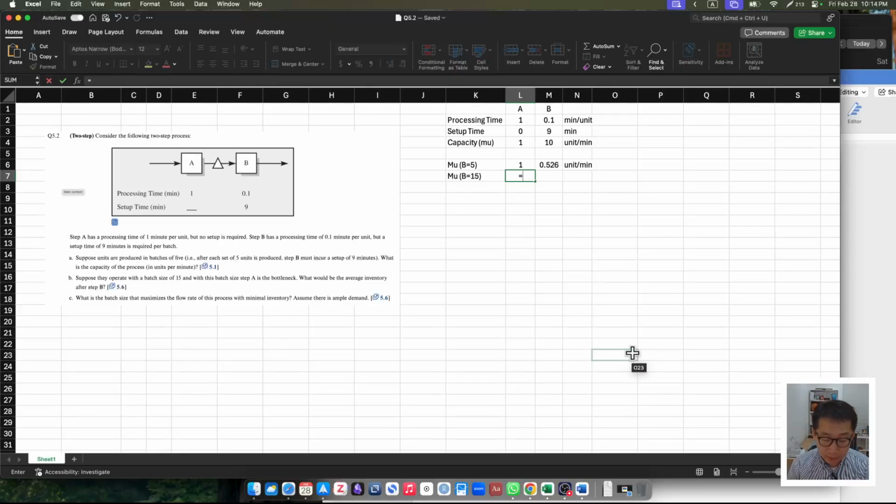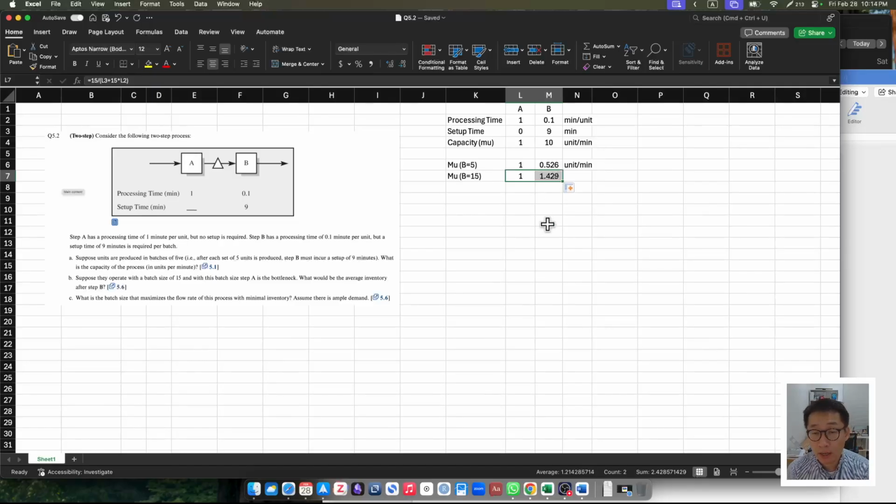I know that you can just punch 1, but I'd like to do it using the formula: batch size divided by the amount of time involved in delivering 15, which in this case is a 0 minute setup time with 15 units each at 1 minute. Essentially this is your S plus BP part. Still 1 here, still units per minute.